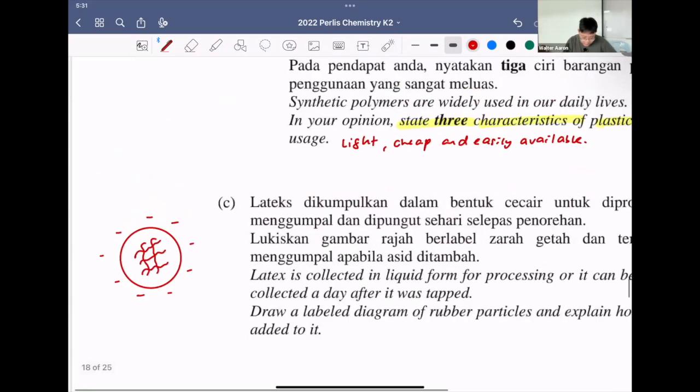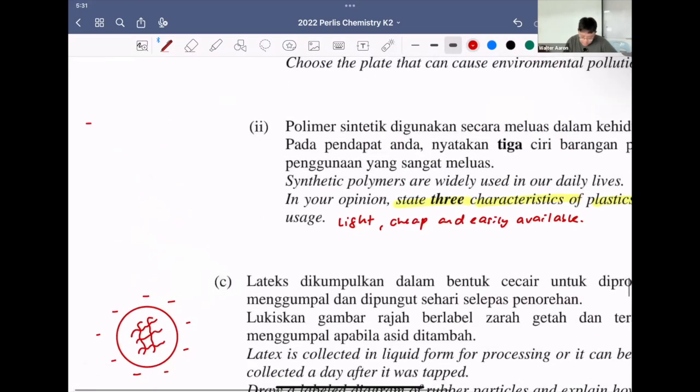The first one you can say here: the protein membrane is negatively charged.